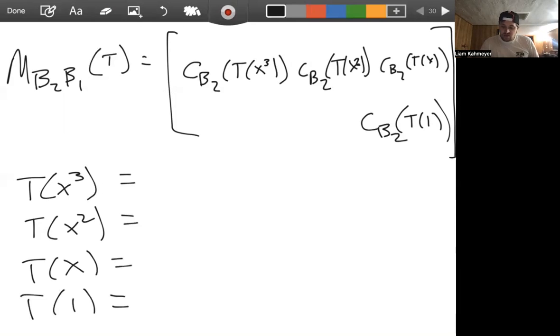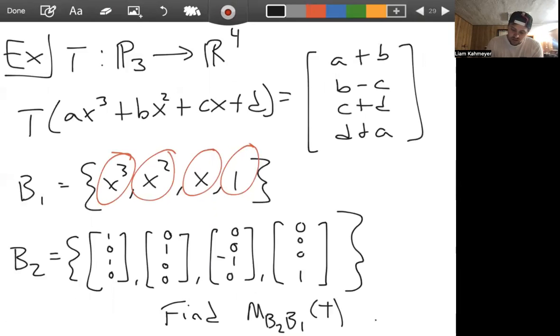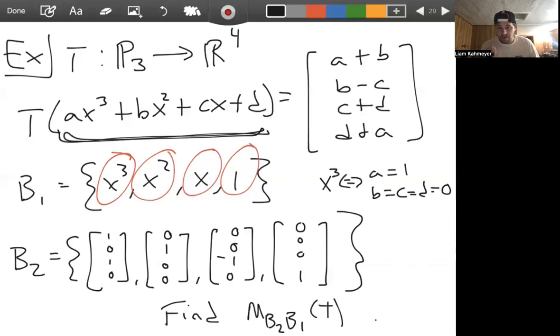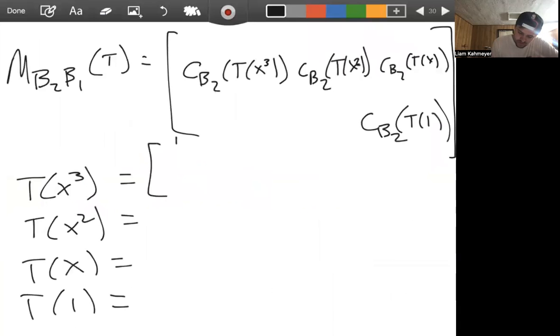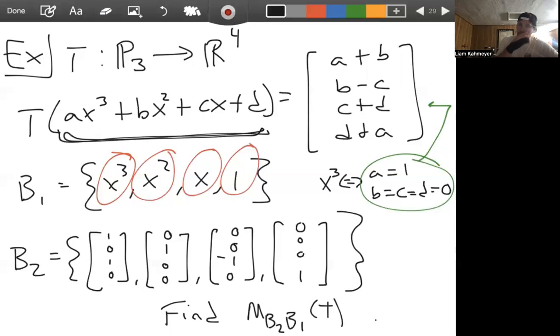Well, what is T of x cubed? This corresponds to a equals 1, and b equals c equals d equals 0. That's how you get x cubed for an element of P3, which means when we plug those values in, we get (1, 0, 0, 1). That's the image of x cubed under this transformation based on how it's defined.